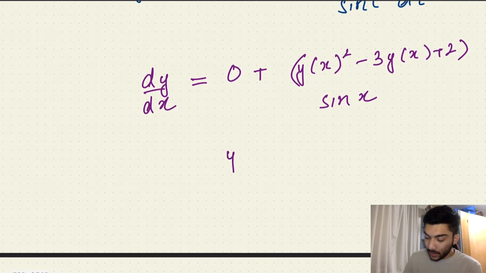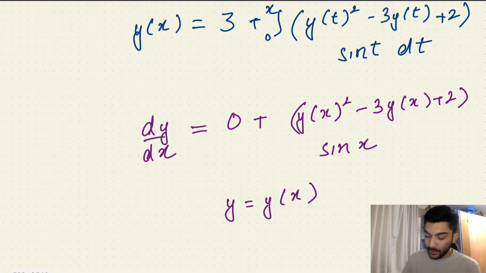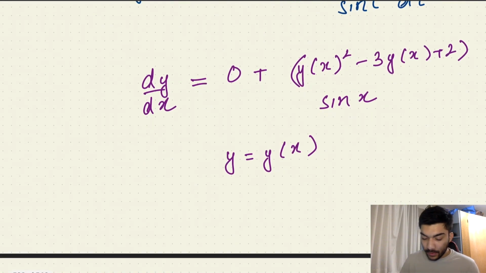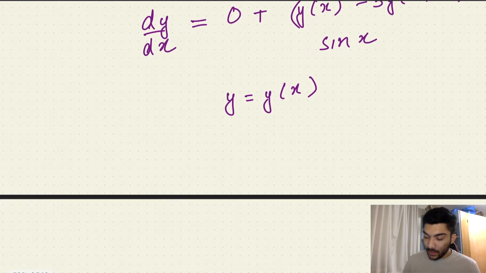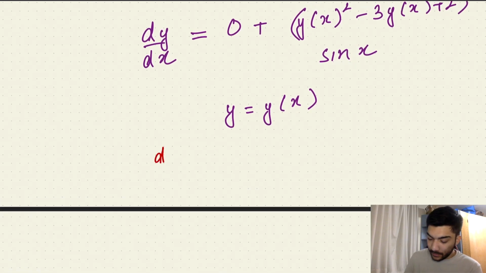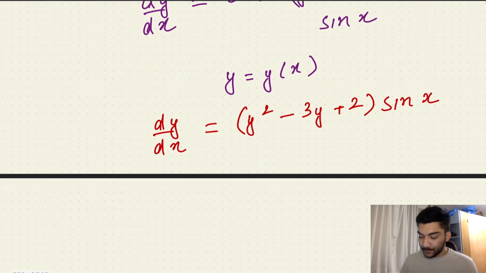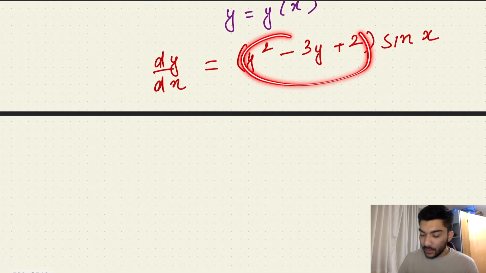And since your y is a function of x, we can simplify this equation and write it as dy by dx equals (y squared minus 3y plus 2) times sine x. And now you can solve for this quadratic expression over here.